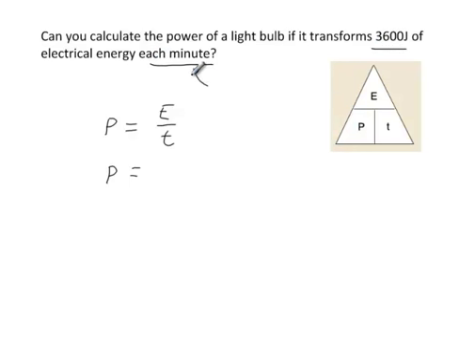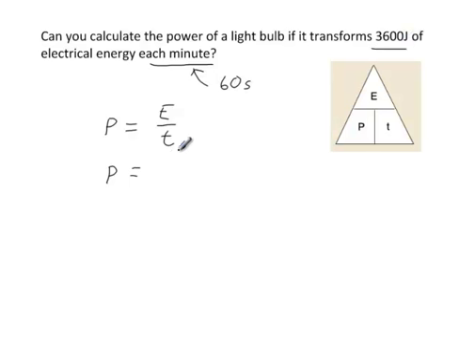But they've tried to trick us here because they haven't quite given us the time in the right units. To use the formula, I need the time in seconds. So 1 minute is 60 seconds. So I've got 3,600 joules in a time of 60 seconds.